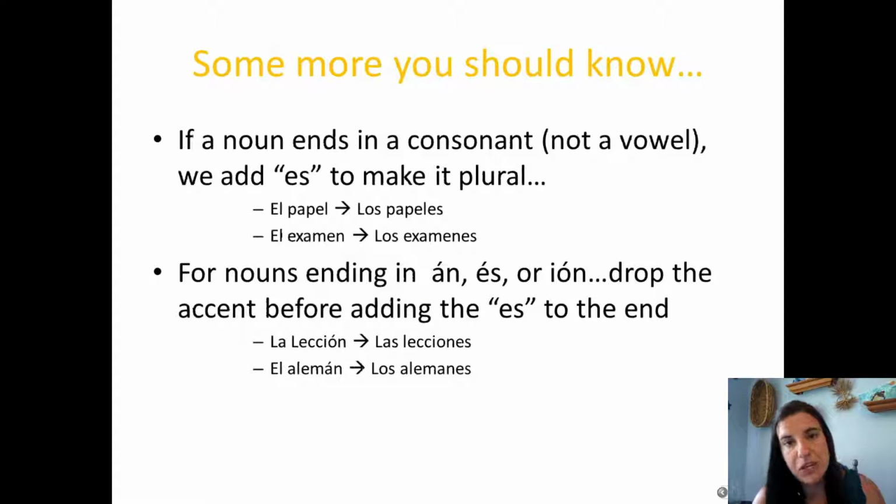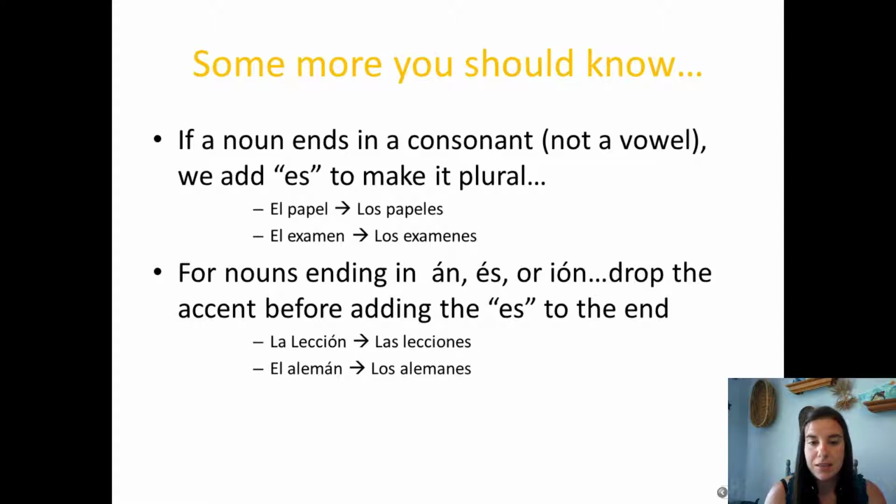There's, of course, some more things you should know. If a noun ends in a consonant, and if you're not sure what a consonant is, it's all the letters in the alphabet that aren't the vowels, A, E, I, O, or U, we add ES to make it plural, and I think we do something similar in English. So el papel becomes los papeles, not los papels, papeles, and every vowel in the word gets pronounced.